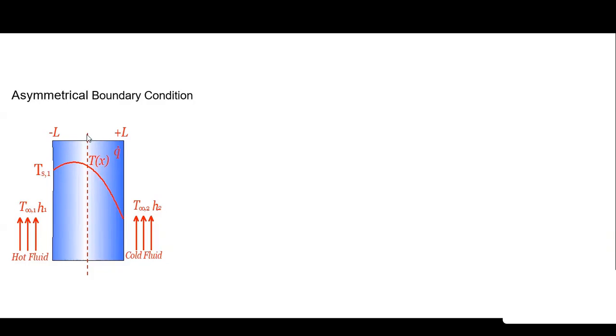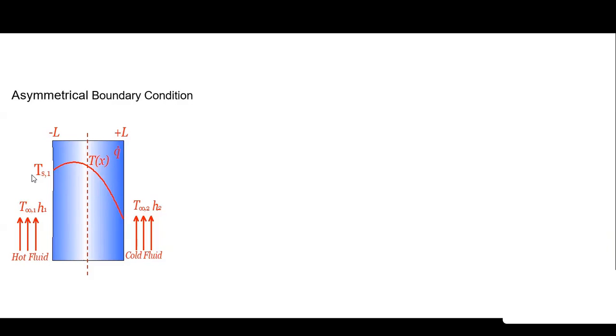So we do not have any information about where the maximum temperature is going to occur. And an additional thing is that this object is now, instead of only conducting, generating heat at Q dot watt per meter cube.